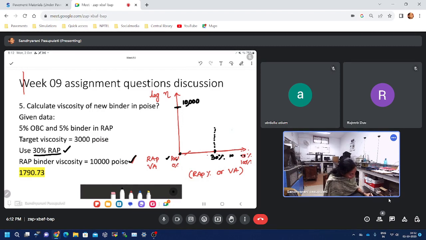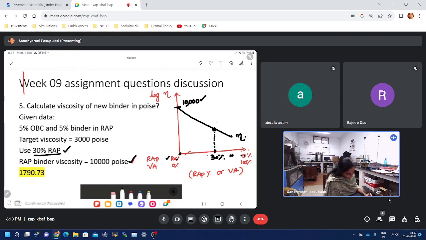So they are asking what is the viscosity of the new binder. We know that the RAP binder viscosity will be very high and the new binder viscosity will be very low, and that is what we have to calculate, eta. So if I combine 10,000 and eta, I will get some other viscosity.